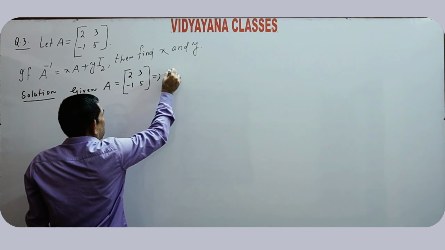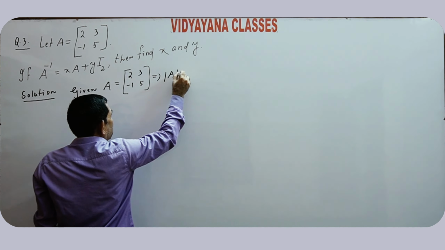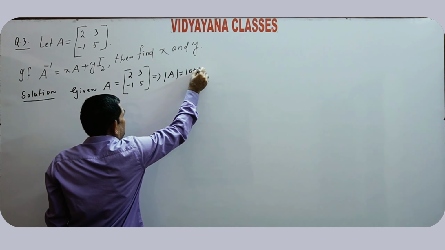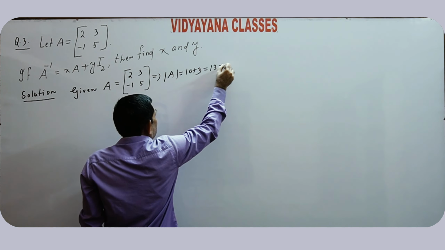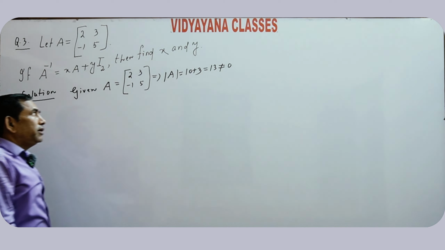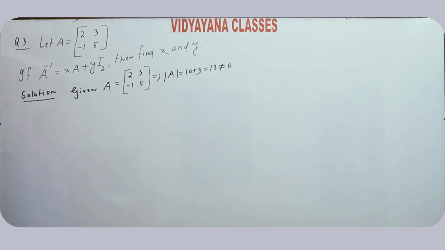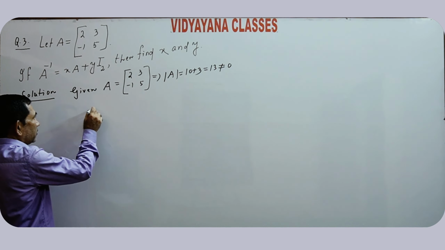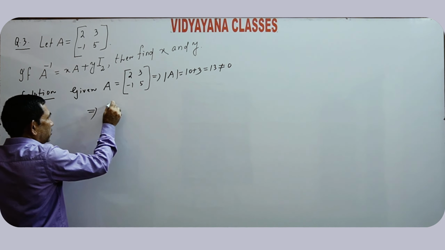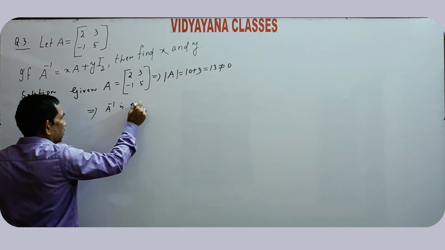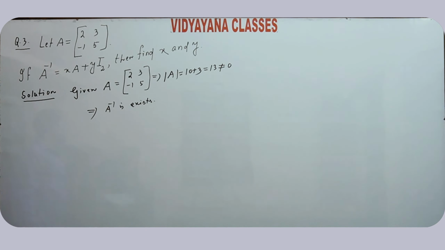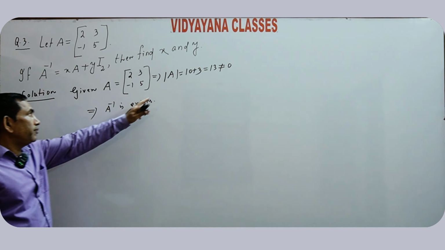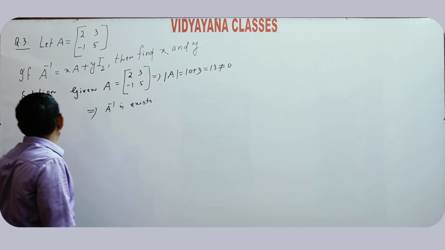Which implies yes, A determinant is equal to 10 plus 3 which is equal to 13, not equal to 0. That means A is non-singular. Implies yes, A inverse exists since A is non-singular.